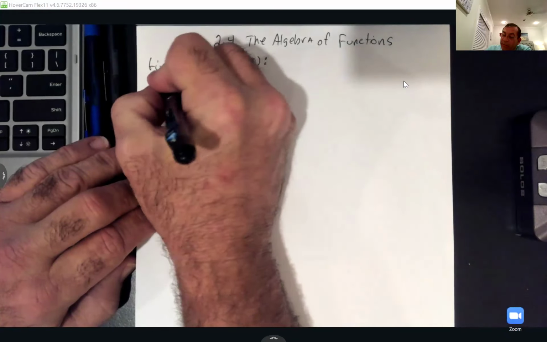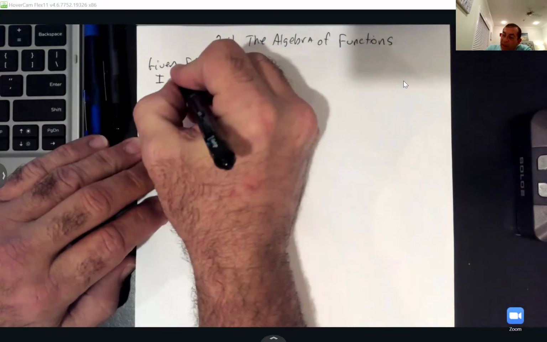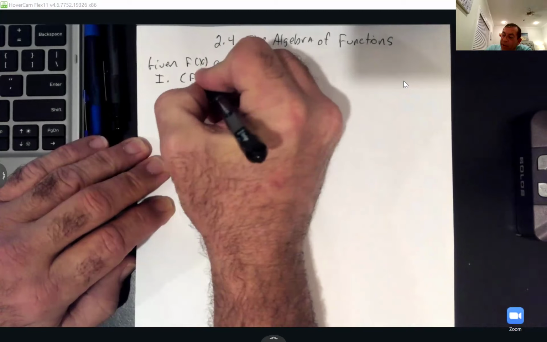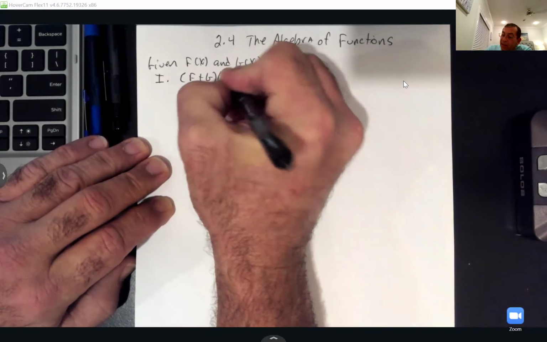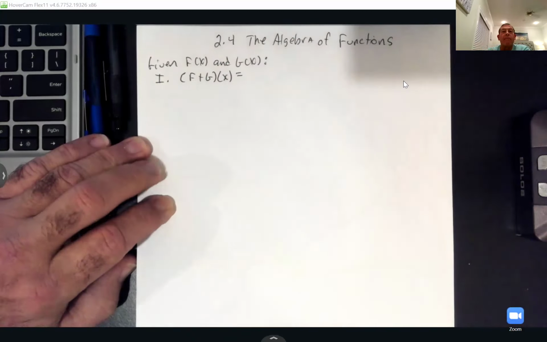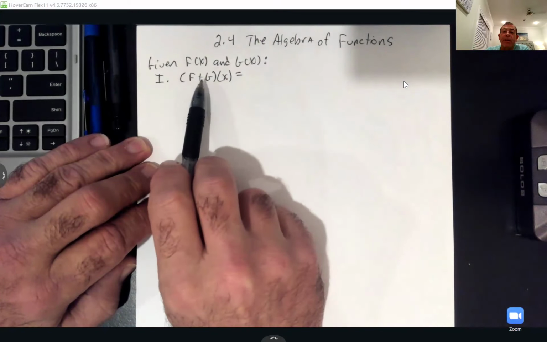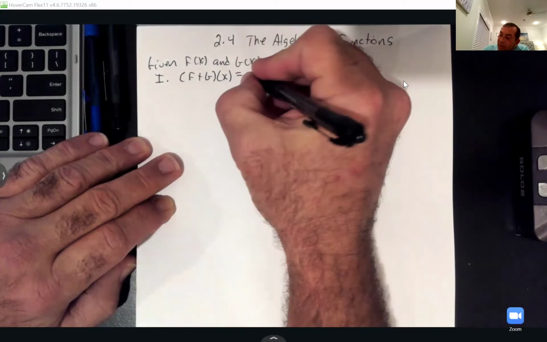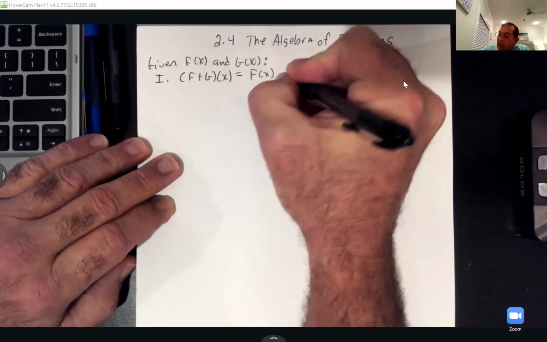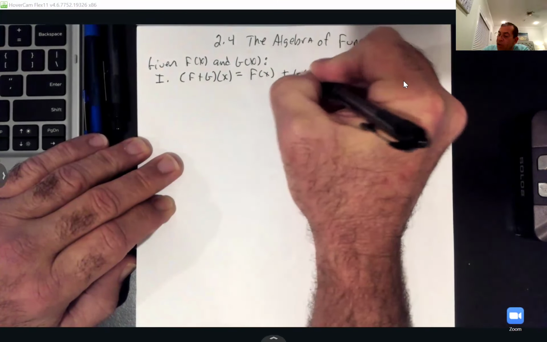First, if we see something like f plus g of x, this is shorthand for adding two functions, and this means to take our f of x and add to our g of x.